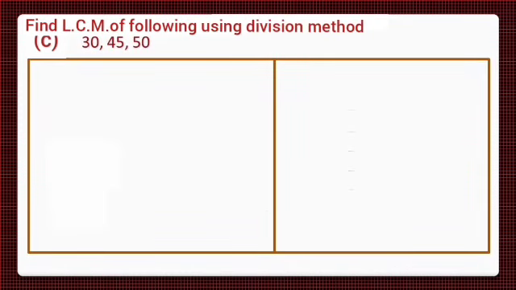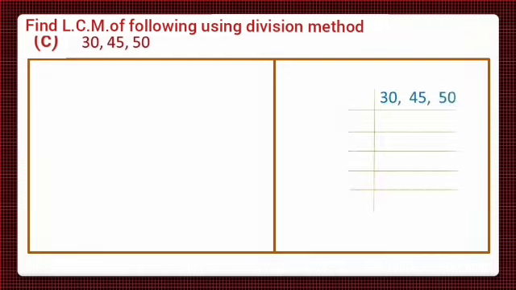Next, question number 4 is: find the LCM of the following using division method, and we'll do the C part, 30, 45 and 50. So dear students, when we find LCM using division method, then we write all the three numbers in this way and divide with the smallest prime number which can divide at least one of the given numbers.